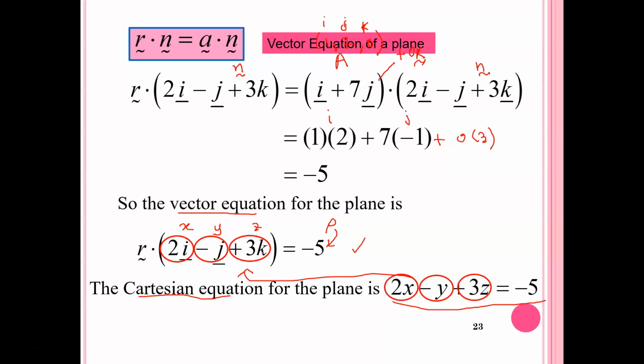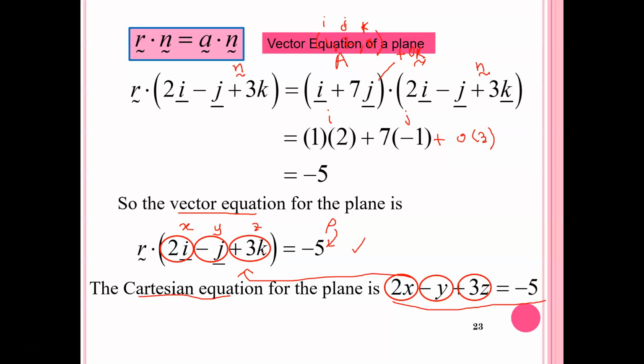After you obtain the parametric equation, you can also obtain your Cartesian equation, where you eliminate t. So you have three equations for line.